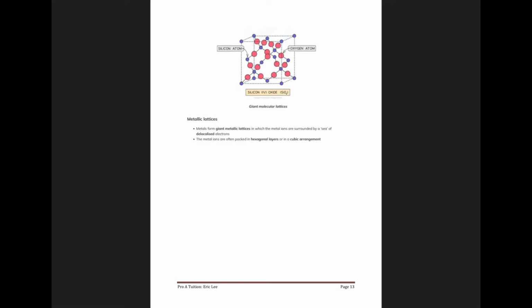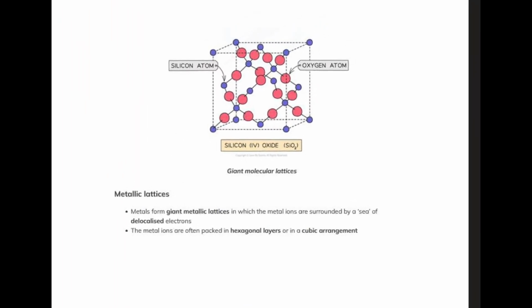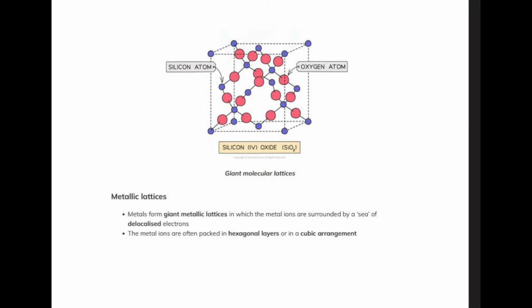Okay, now let's move on. This is silicon 4 oxide. As you can see, they label it here, where the blue dot is the silicon atoms, and they're linked to oxygen atoms. So how are they linked? Let's see one example.